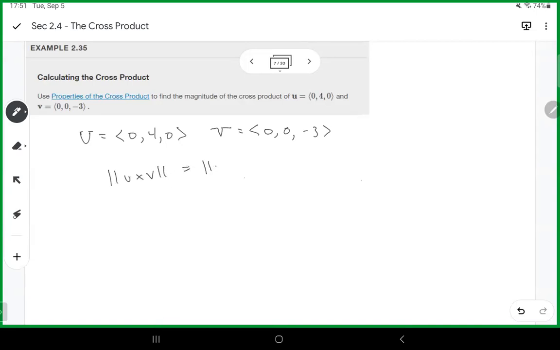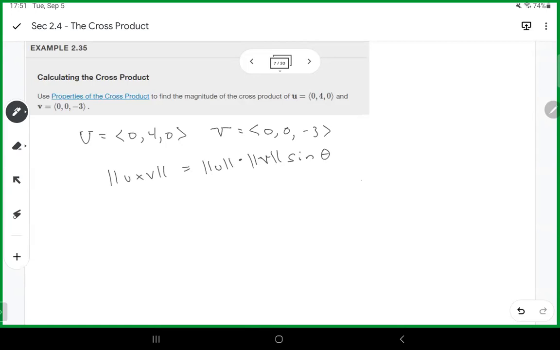It's going to be the magnitude of U times the magnitude of V sine theta.